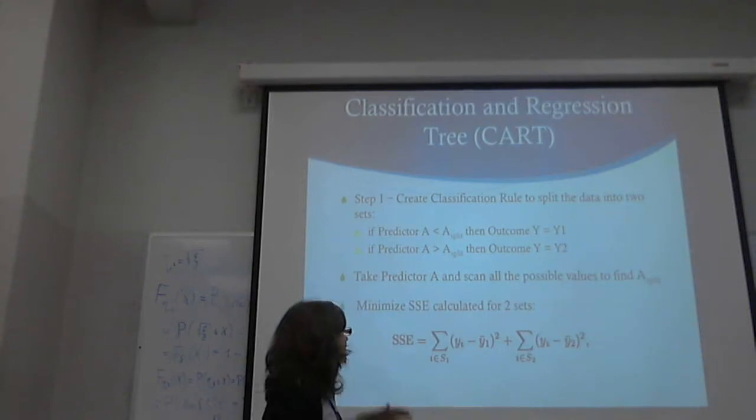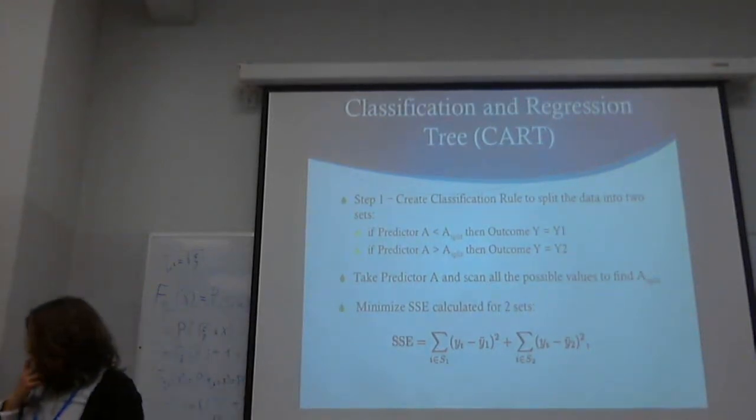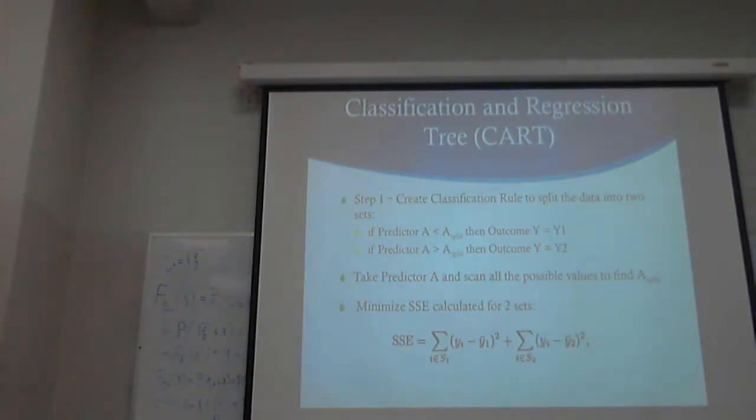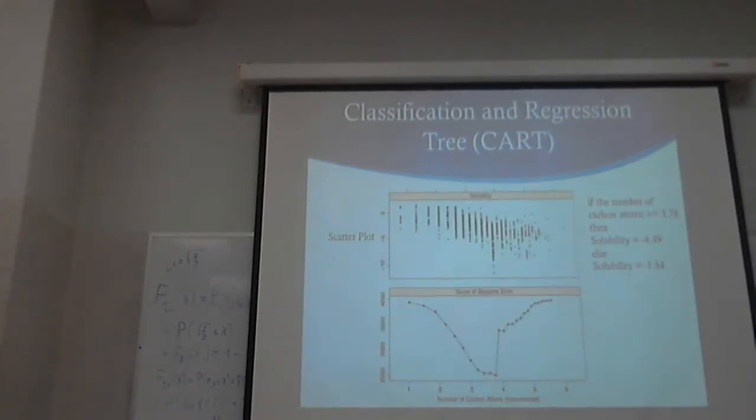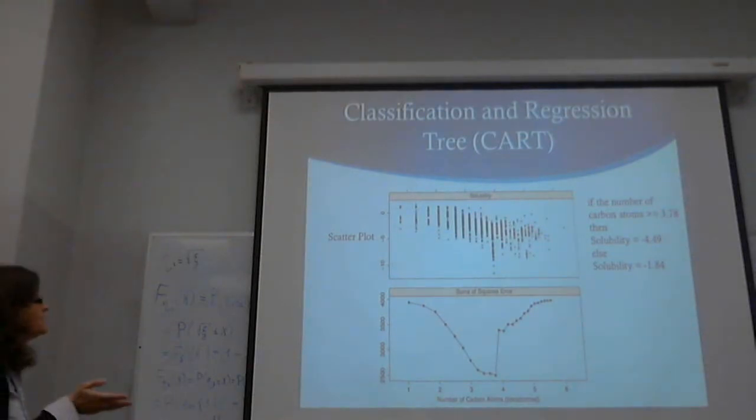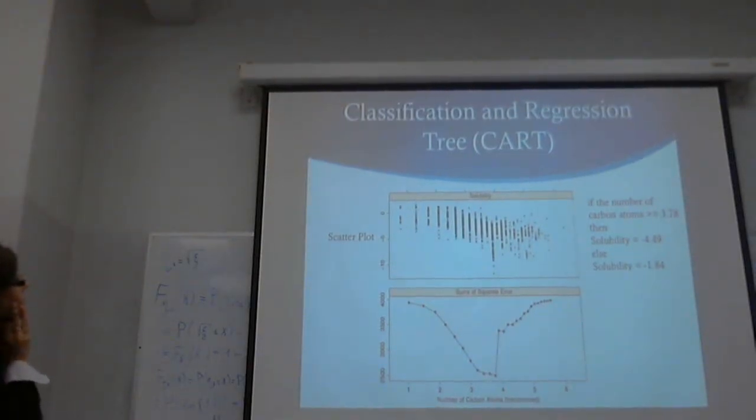And then, the same as in the linear regression model, you're minimizing the error, the sum of squared errors. For example, this is how it looks for the data you already know well. I hope this is the solubility data. And if you do it on just one predictor, you look at this.